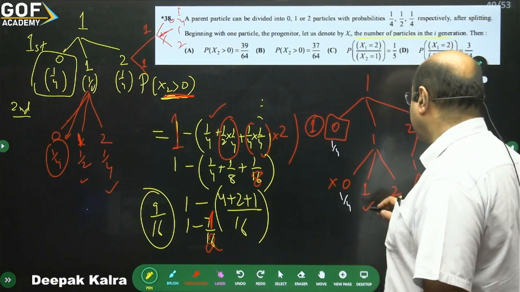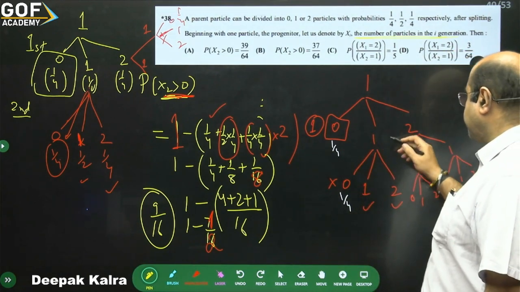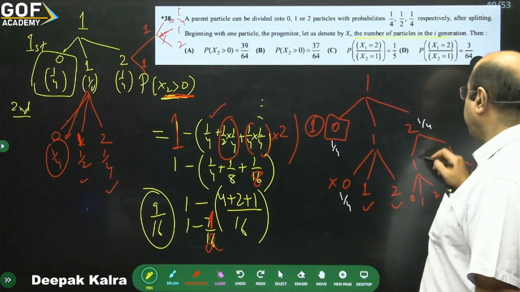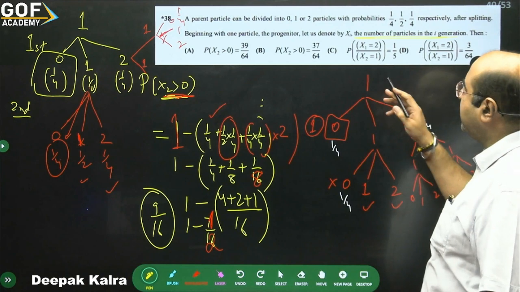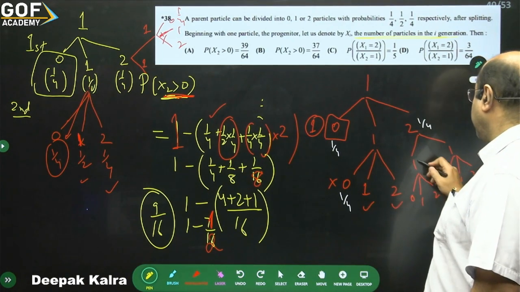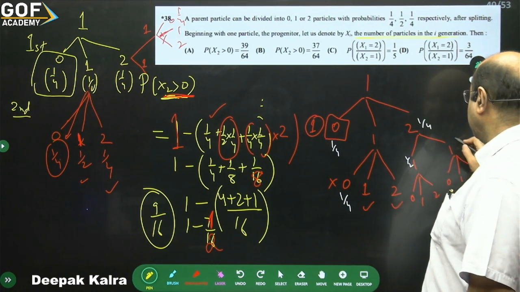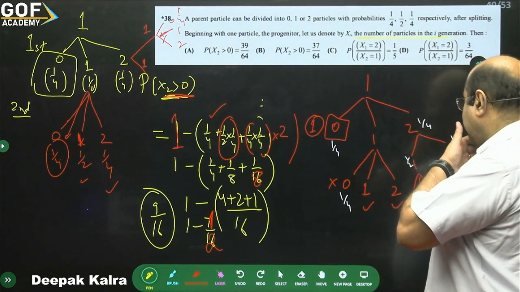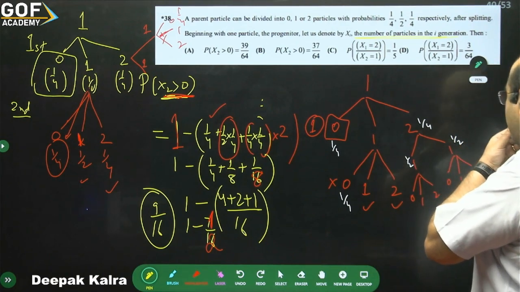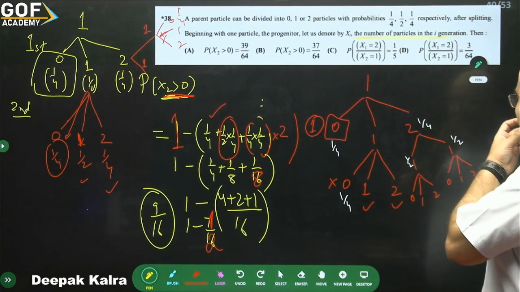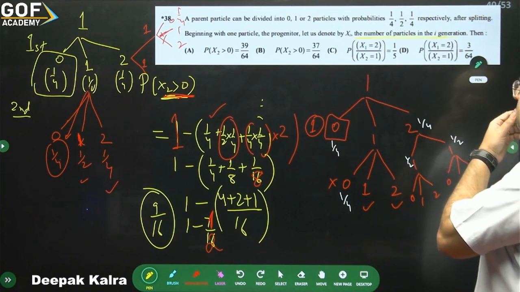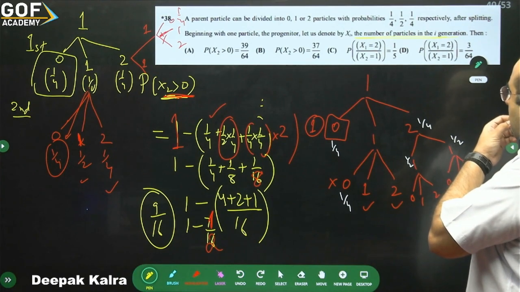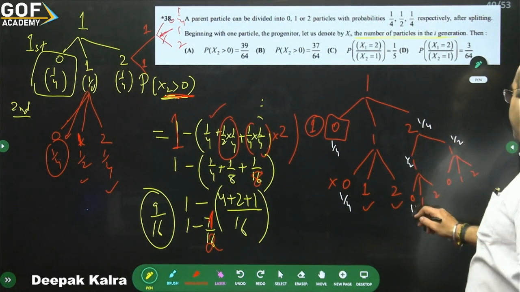This is 1 by 4. This we don't need. This is 1 by 4. 1 is, I think, 1 by 2. Okay. This becomes 1 by 2. This I have taken as 1, 1 each. You have 1 by 4 here.